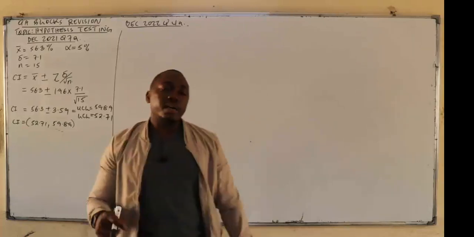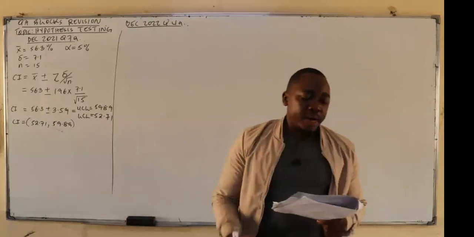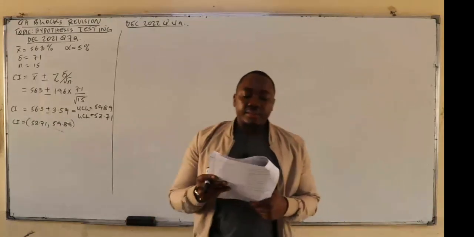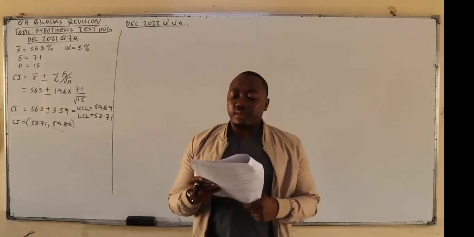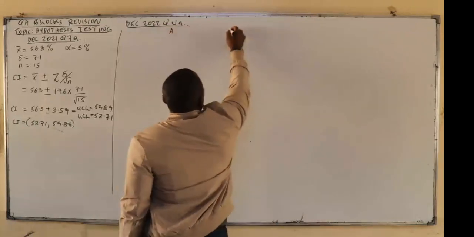So that means this is a case of two means, two samples. The claim is that machine A has a longer useful life than machine B. So we have machine A and we have machine B.